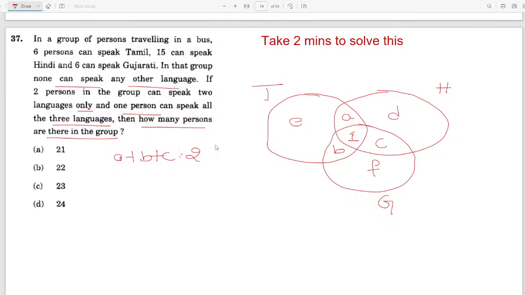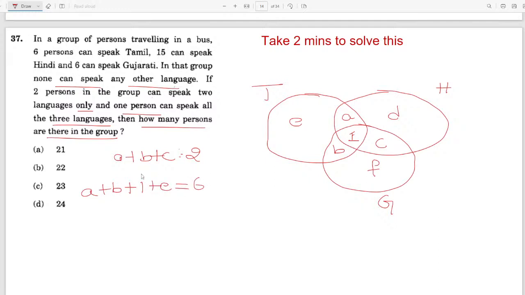And then they are saying that in this group, 6 persons can speak Tamil. So E plus B plus 1 plus A would be 6. So A plus B plus 1 plus E is equal to 6.